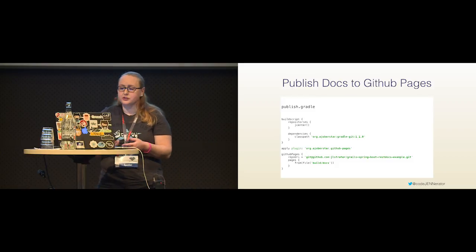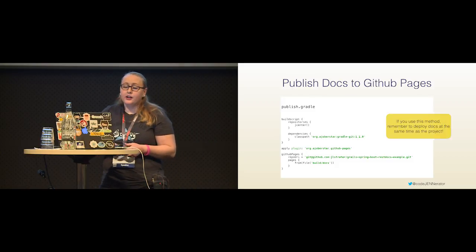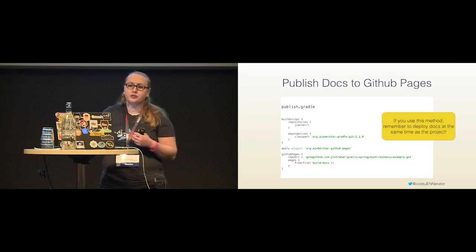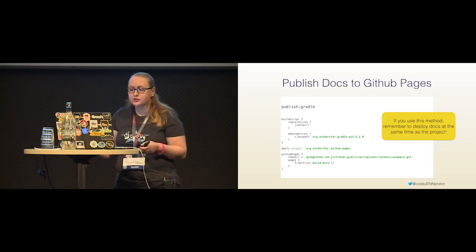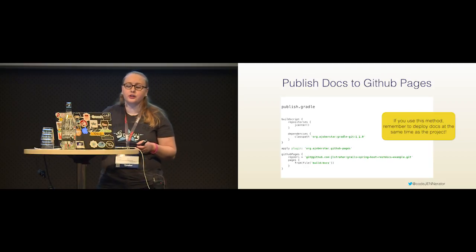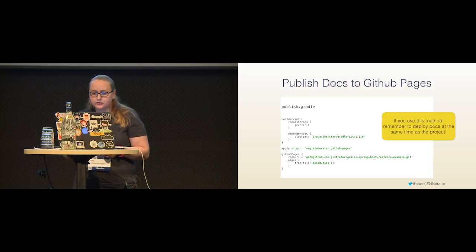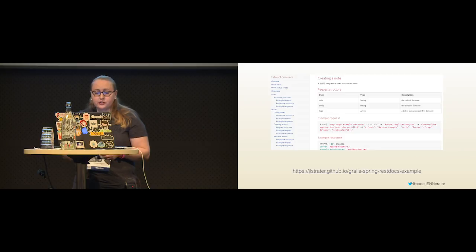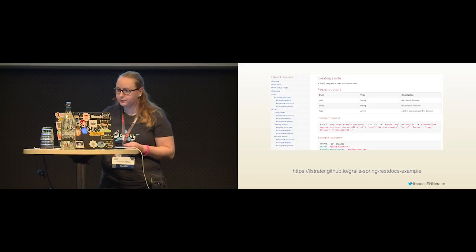And it's going to publish those to GitHub Pages. You do have to remember that if you're publishing your documentation somewhere else, you can lose some of the advantages if you don't remember to deploy your docs at the same time as the project itself. And the last thing is just another example on GitHub Pages that summarizes that example.